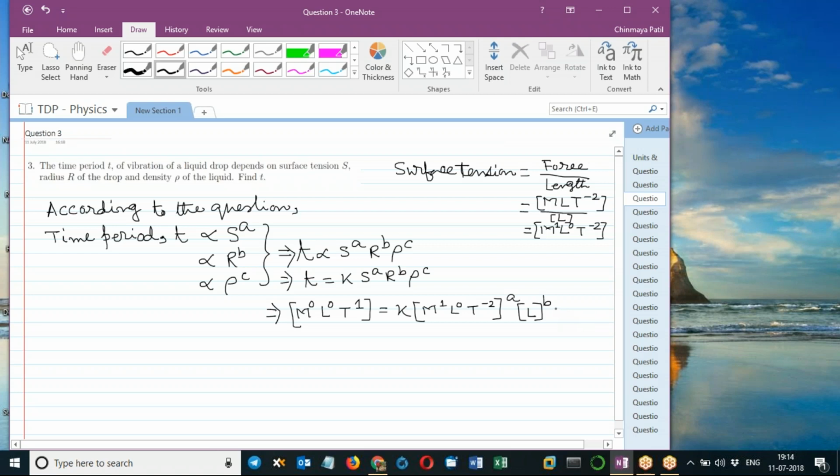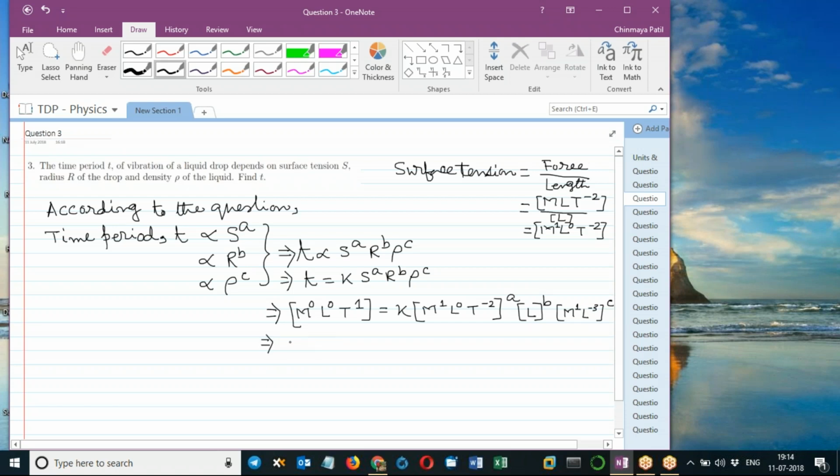The dimensional analysis of density is M power 1, L power minus 3, and T power 0, to power c. Minus 3 because of volume.